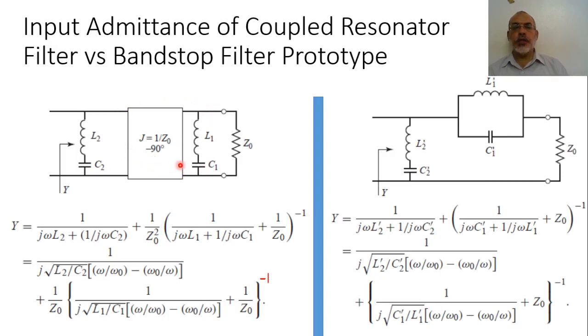To be used as a band stop filter, we should equate every term in this equation to the corresponding term in this equation. So, for example, square root of L2 over C2 should equal square root of L2 dash over C2 dash.